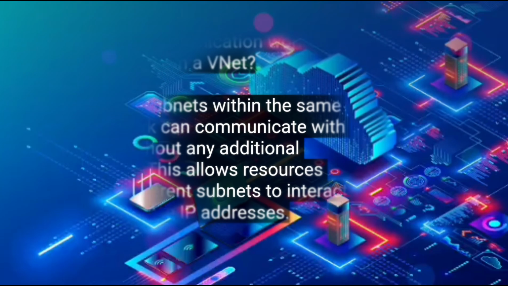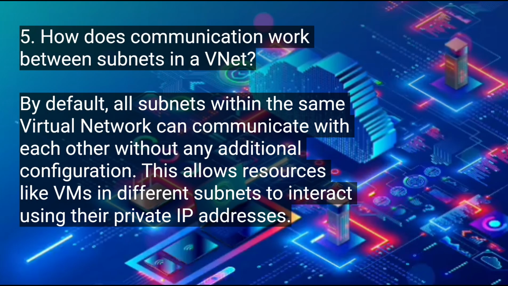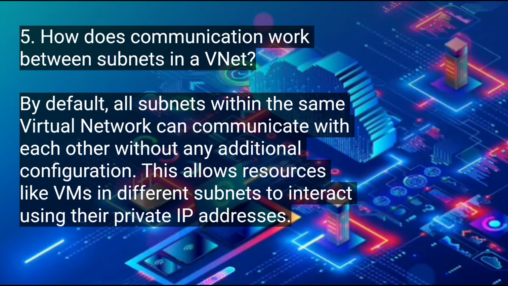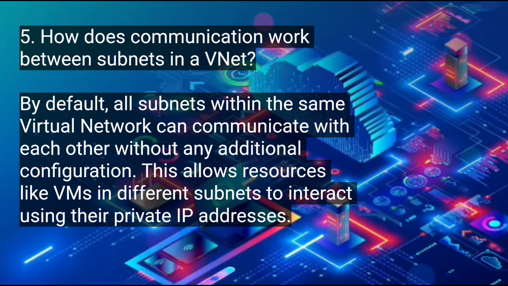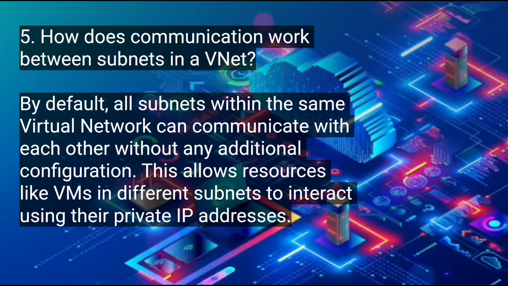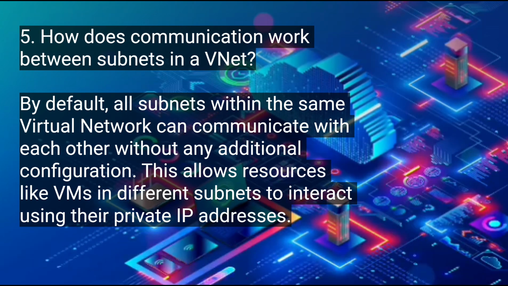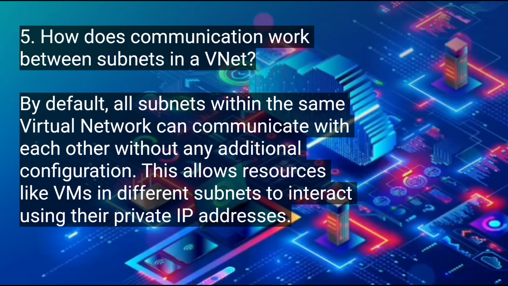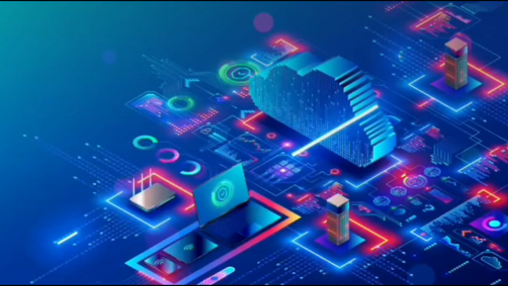5. How does communication work between subnets in a VNet? By default, all subnets within the same virtual network can communicate with each other without any additional configuration. This allows resources like VMs in different subnets to interact using their private IP addresses.